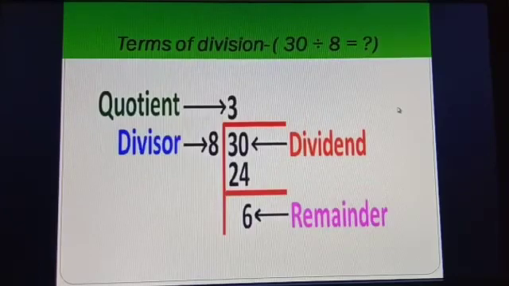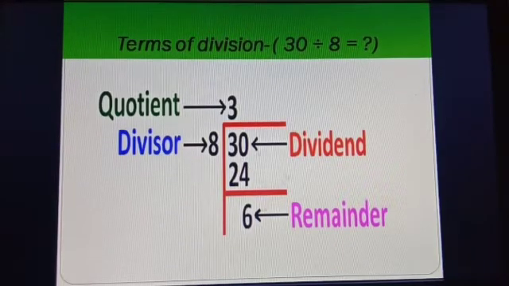Now the terms of division. Terms of division means whenever we are dividing, what are the numbers called. Okay, the question is 30 divided by 8. So 30, the number which is going to be divided, is called the dividend. And the number by which we are dividing 30, that 8, is called the divisor.